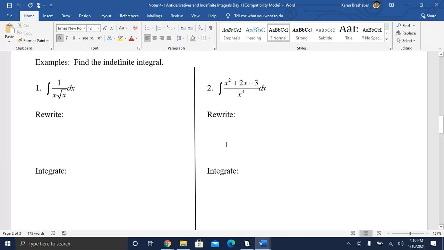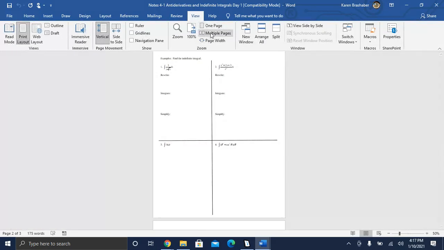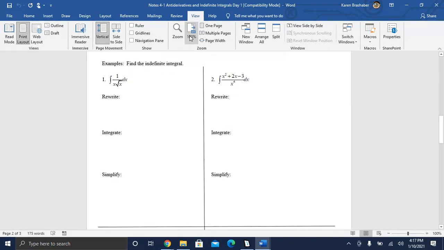Now, I've got it set up so that, well, hang on, I'm going to make it just a little bit bigger. There. You can see that we need to often rewrite, then integrate, and then simplify. So I tried to set things up so that you could see that. So for problem number 1, when you're rewriting it, include the integral sign.